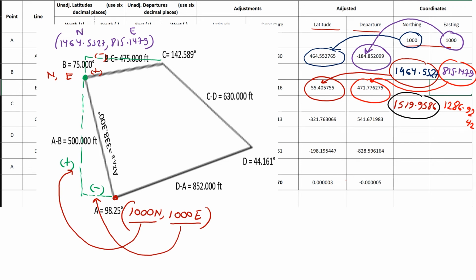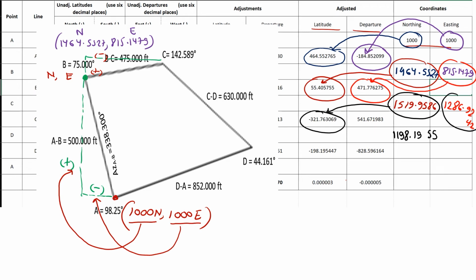Again, you take this and you add this to the latitude. That will give you the coordinate of point D: 1519.9586 minus 321.76369. That will give me 1198.1955.